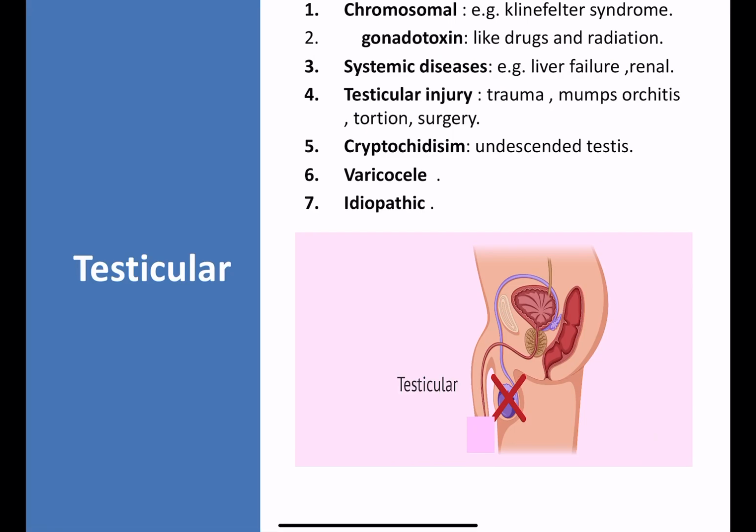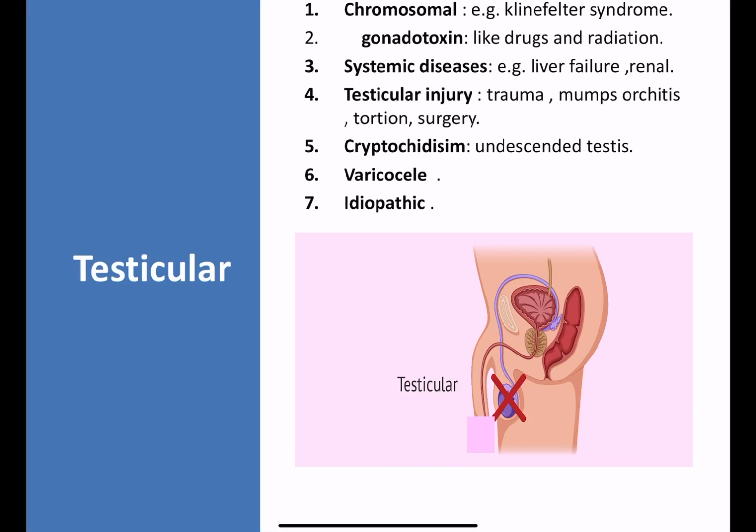Number 5, cryptorchidism, and by cryptorchidism we mean undescended testis, and this is very important. We should know it because if it is found in childhood, it should be corrected within 2 years, maximum 3 years. If it remains more than this time, it leads to infertility and subsequently leads to malignancy.